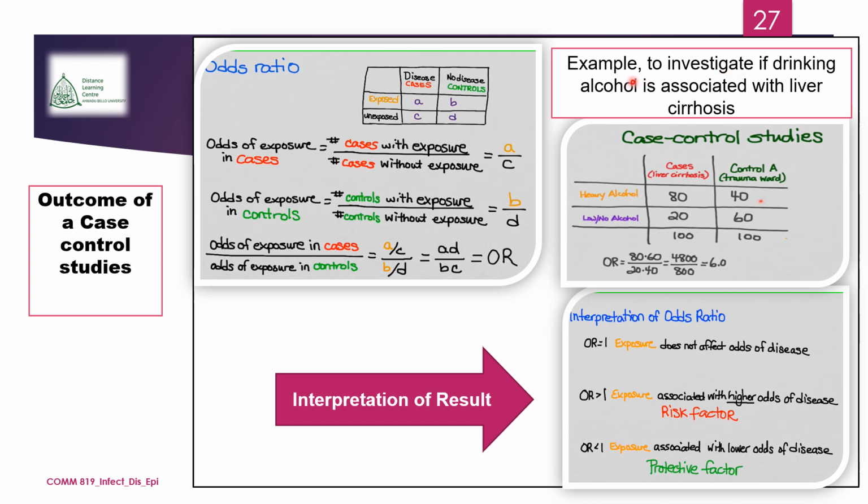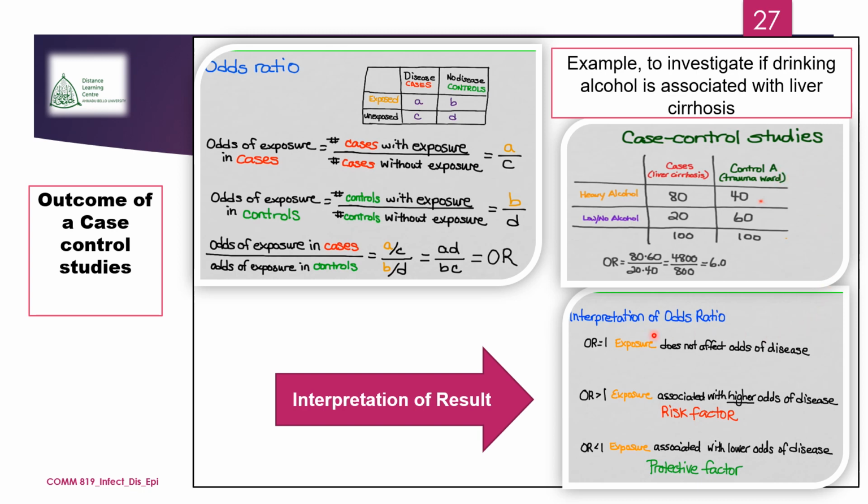Okay, then this is a hypothetical example. We want to investigate if drinking alcohol is associated with liver cirrhosis. For your study population, you have your cases, people that have developed liver cirrhosis, then your control, people that are in the hospital bed for certain trauma, they do not have liver cirrhosis.